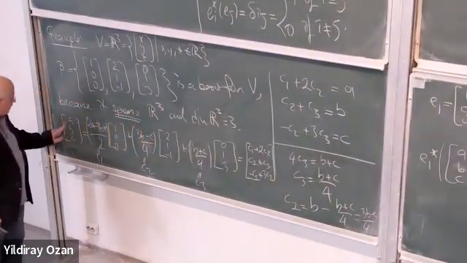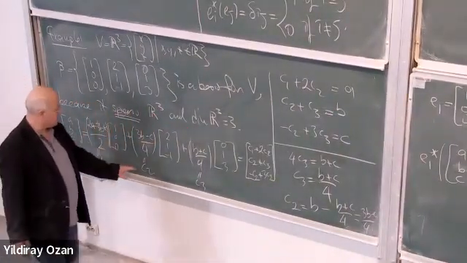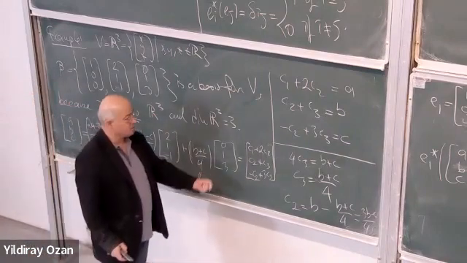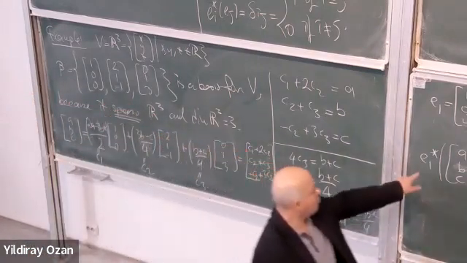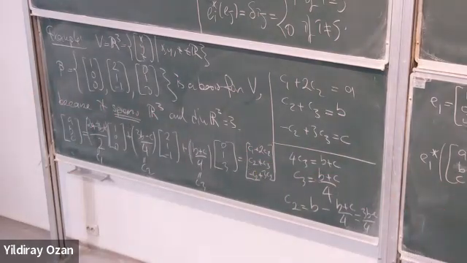I wrote A, B, C as C1 times E1, C2 times E2, C3 times E3. And now I just write it down.